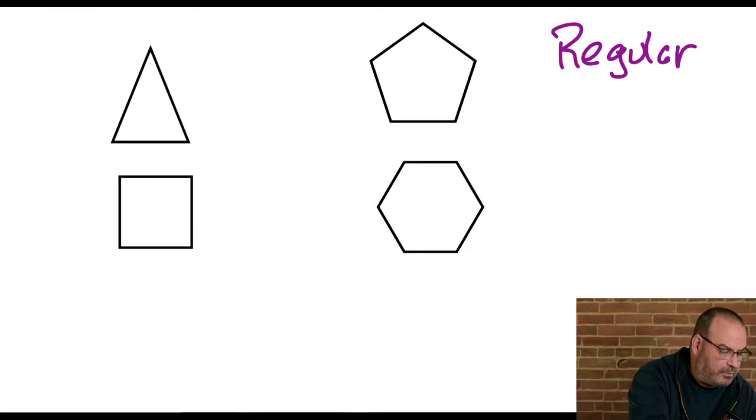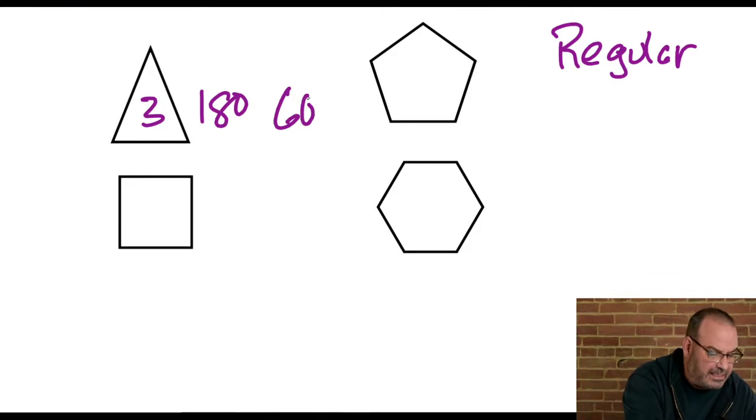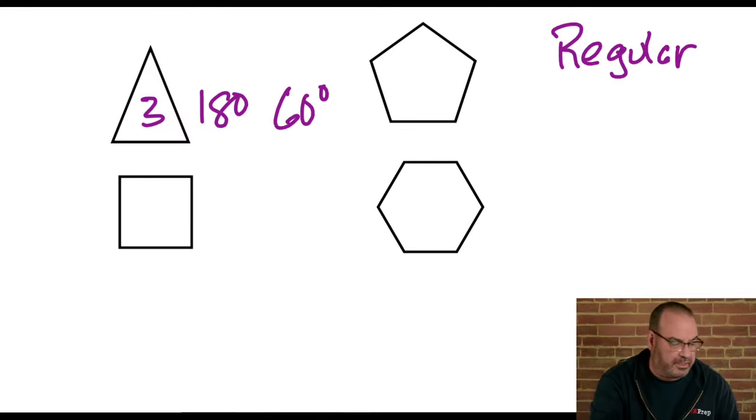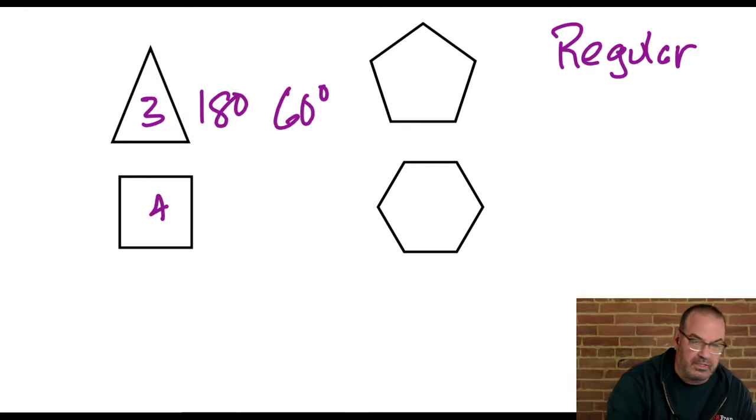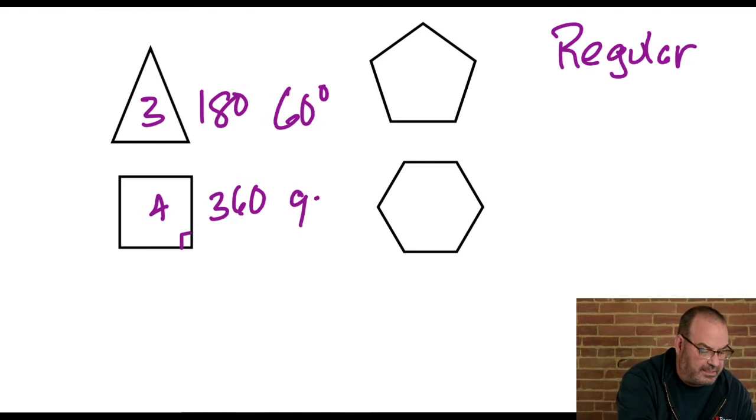If I have an equilateral triangle, it has 3 sides and 180 degrees. And 180 degrees divided by 3 means that each angle is 60 degrees. A regular quadrilateral is a square and it has 4 sides. It is 360 degrees and each angle is a right angle, that's 90 degrees.